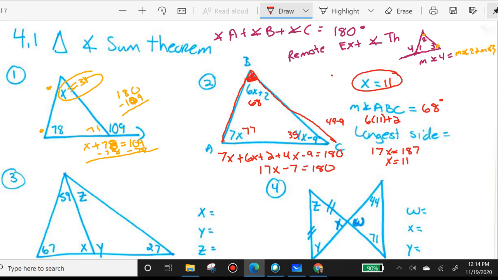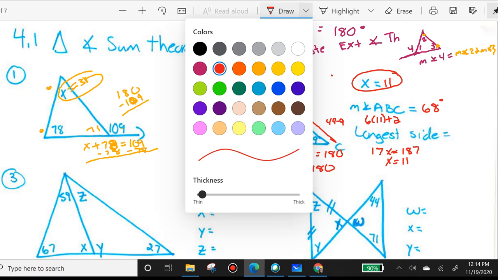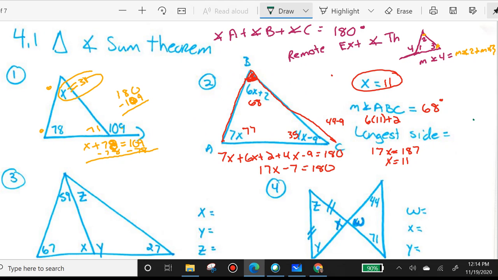So those would be all of the angles. If I want to know the longest side, what I should be thinking is that opposite the biggest angle is the longest side. That's the corollary, aka extension, to the triangle inequality theorem. So since this is the biggest angle here, angle A, with the 77, the longest side is going to be this side because it's opposite that. So our longest side is going to be BC.